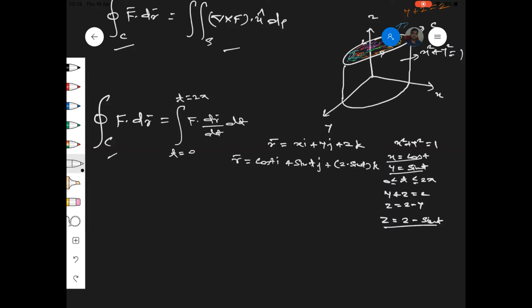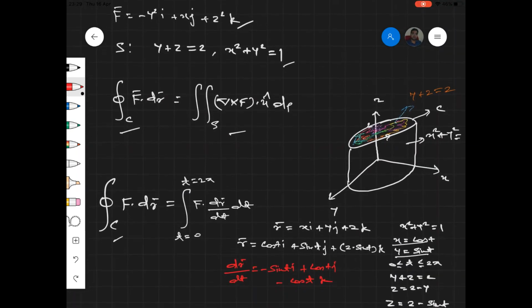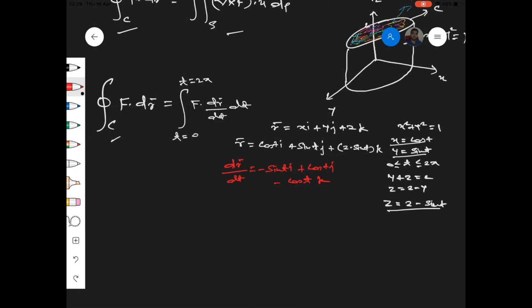So dr by dt is going to be minus sin t i plus cos t j minus cos t k, and we know the value of F, it is minus y square i plus x j plus z square k.